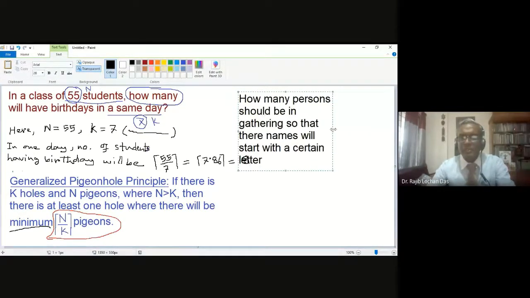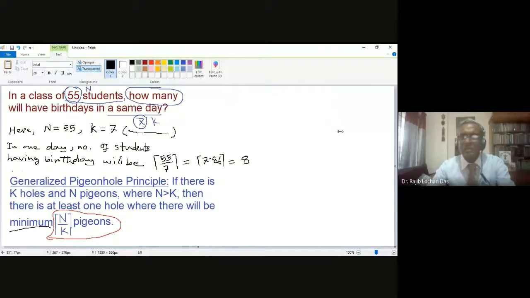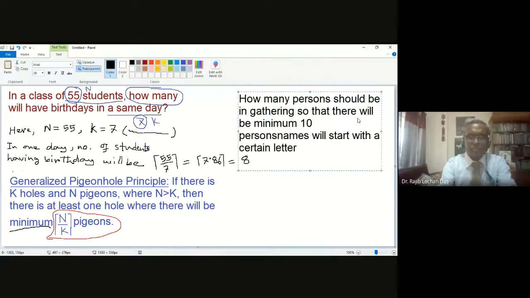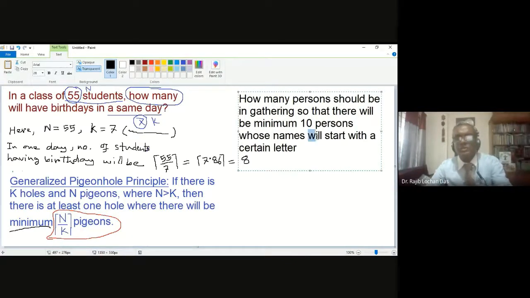I'm writing that there will be minimum 10 persons whose names start with a certain letter. Now, what do you think?